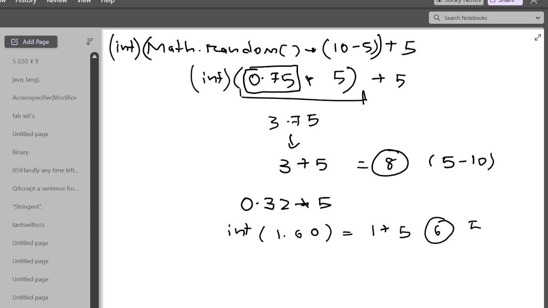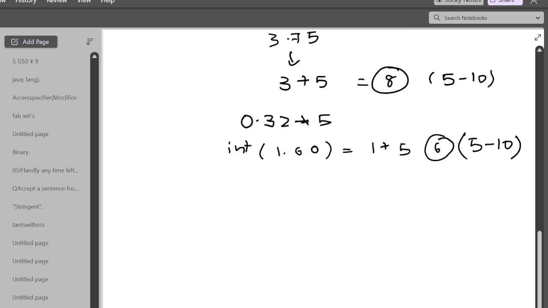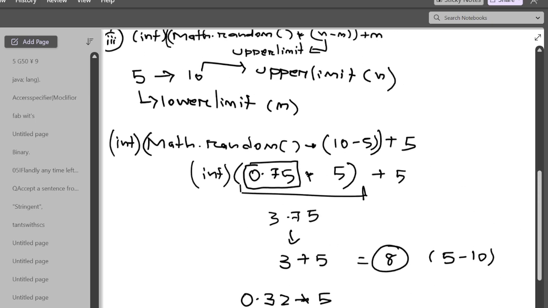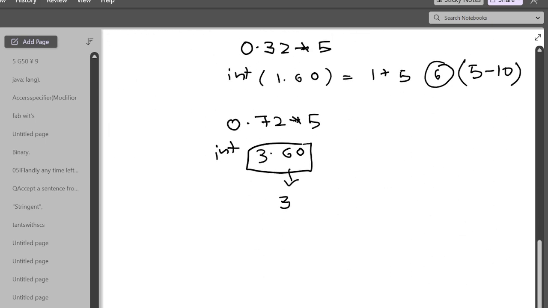Yes, 6 lies between 5 to 10. Now again, let me consider the value 0.72. As per the formula, it is multiplied by 5: 5 2s are 10, 5 7s are 35, so 3.6. Again this whole is converted into integer as mentioned in the formula, so the integer form will be 3. When this process is completed, plus 5 is done. Then 8. Yes, this 8 lies between 5 to 10.